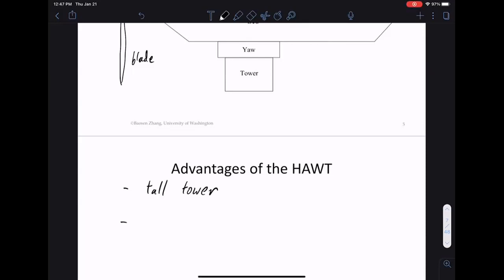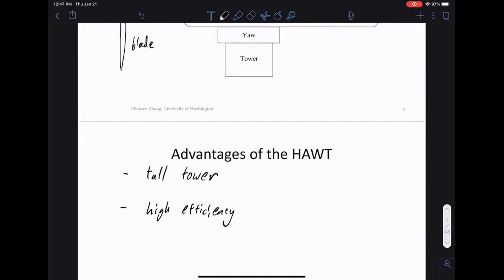And this is high efficiency, because this kind of rotation is such that the blades spin fairly regularly.